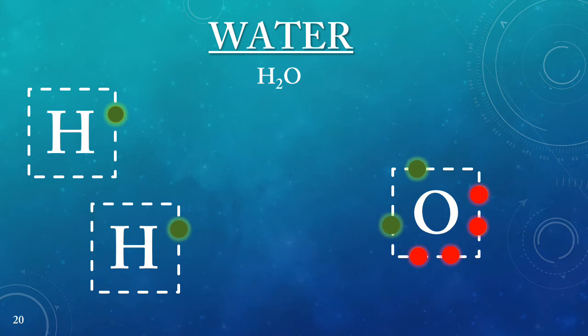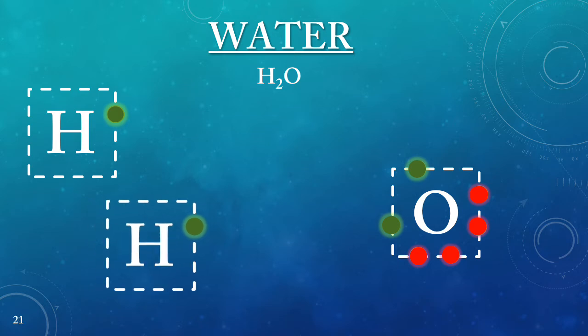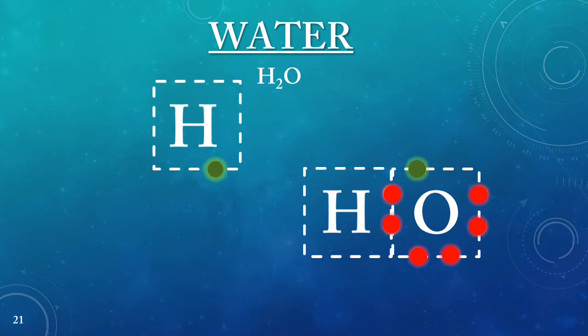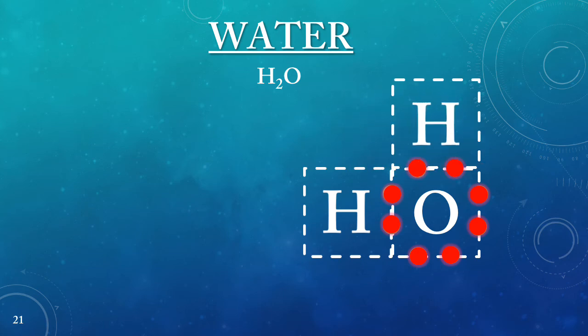So what's going to happen? One of our hydrogens is going to go over and combine with the oxygen. And then the other one, we're going to turn this one around and then bring this guy over. And now we have cha-ching, and we have good bonding between them.